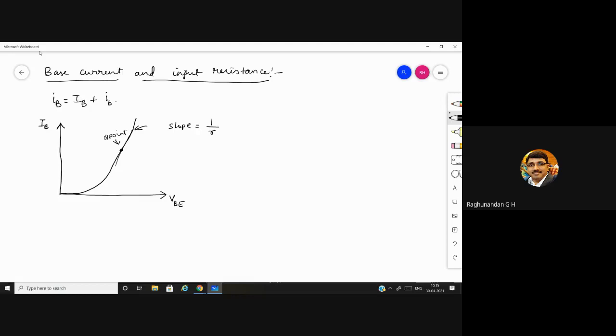Here we are talking about the resistance which is existing between the base and the emitter, because it is input resistance. So base to emitter resistance is always represented as r pi. You can even represent it as r_BE also, but we represent it as r pi.